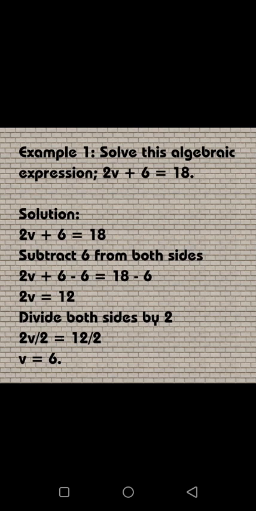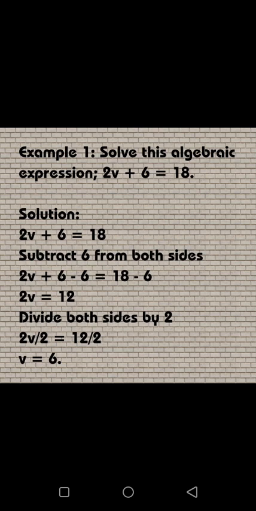So now with 2v equals 12, what is disturbing our v is 2. So 2v is the same thing as 2 times v. Since it's 2 times, the opposite of multiplication is division. So it means that we are going to divide both sides by that 2.